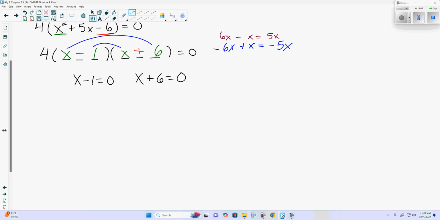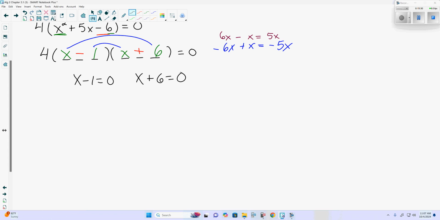What about the 4? Can I do anything to 4? It's being multiplied by the other, yes? There's no variable with it. So it's just 4. It's just there. It's a scalar. It's making the other numbers bigger or smaller. I can't do anything with it.